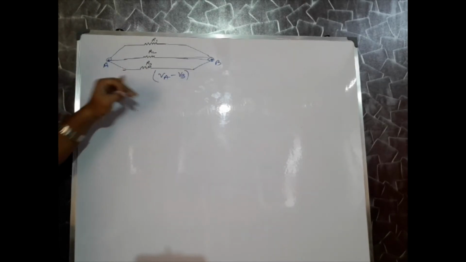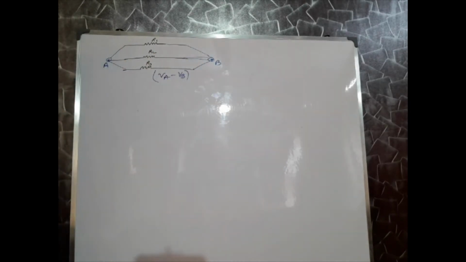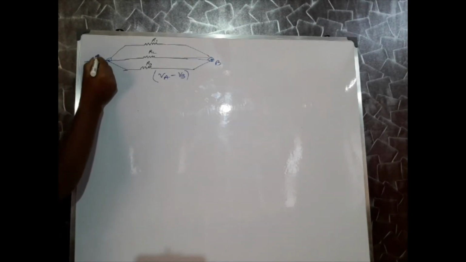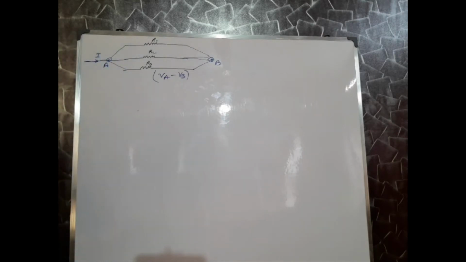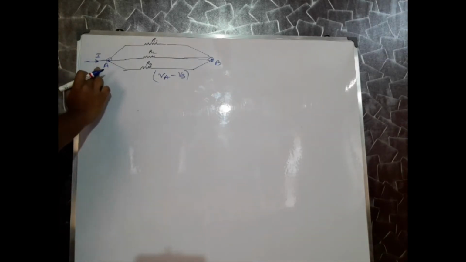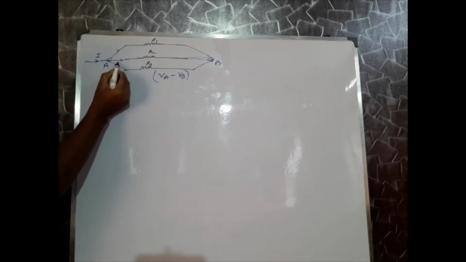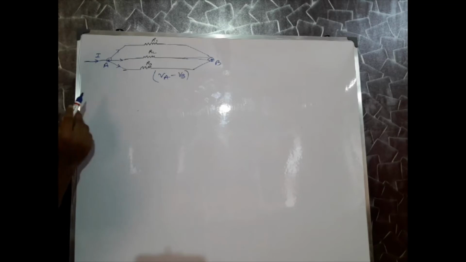Understand? VA minus VB. Now, if we consider current I is coming towards A, what will happen? If current I comes to A, the current will divide into 3 segments, as we have 3 different branches here.